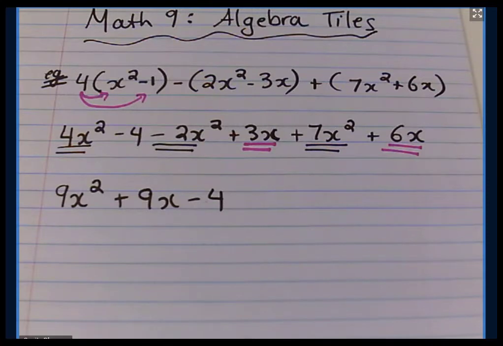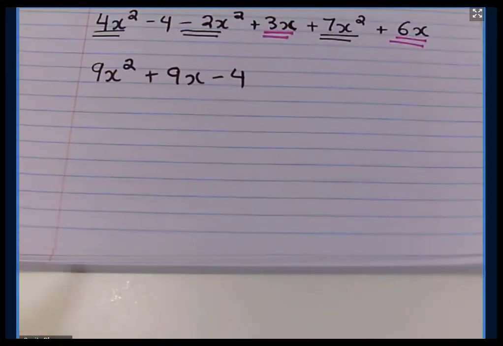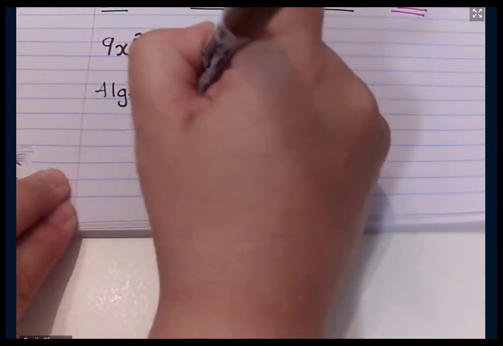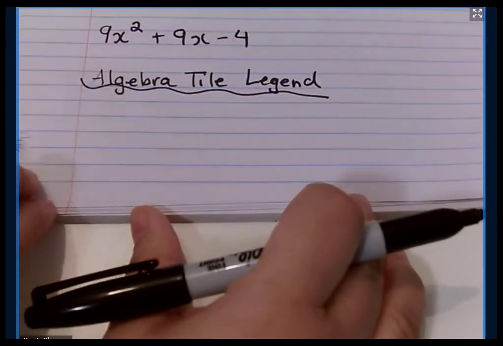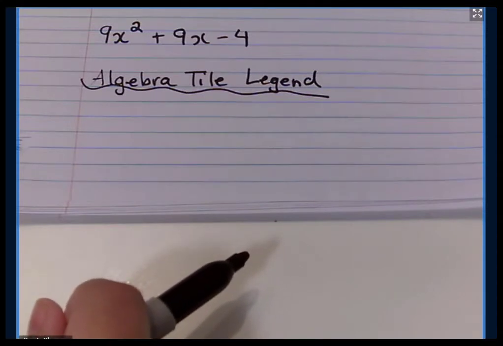And today's lesson, we are looking at algebra tiles. So I'm just going to put up here the algebra tile legend and what they represent. You will get this legend in your modules as well, so that you can always refer back to it.